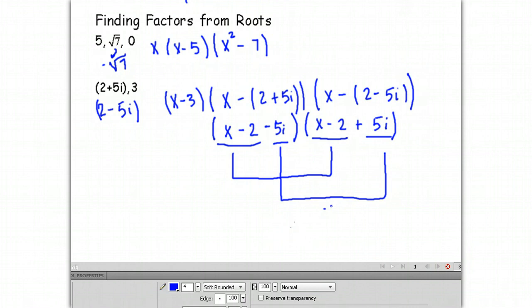So we know that that's going to be negative 25i squared. You should never have an i squared in your answer because i squared is just equal to negative 1. So that makes this actually just positive 25.